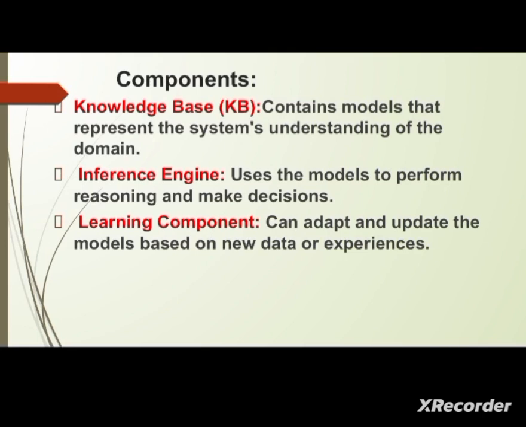That is the knowledge base. The second one is the inference engine. It uses the model to perform reasoning and make decisions. The system uses its knowledge representation to draw conclusions, make inferences, or solve problems.